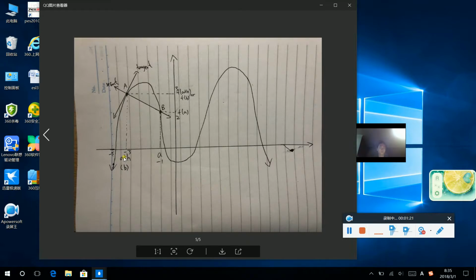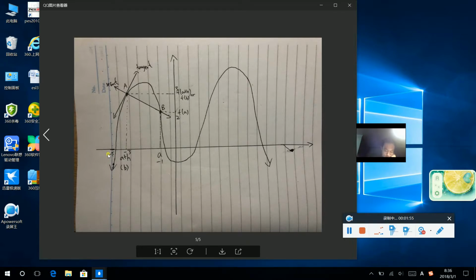If h is a positive number, the point will move to the right, and if h is a negative number, the point will move to the left.